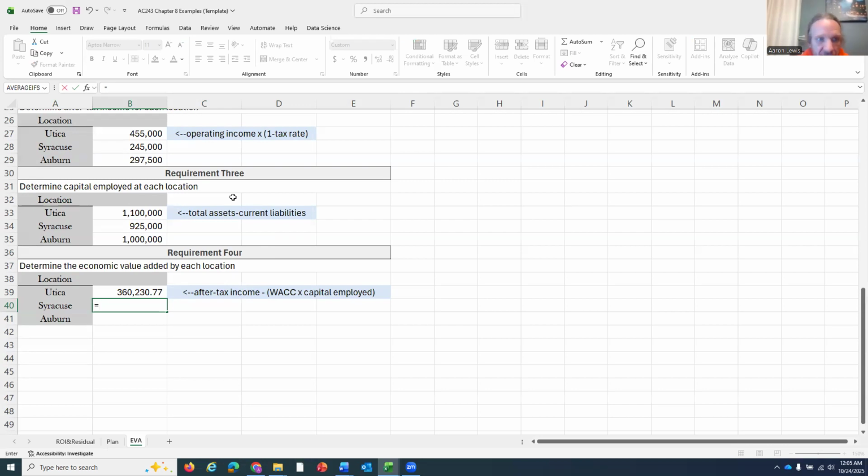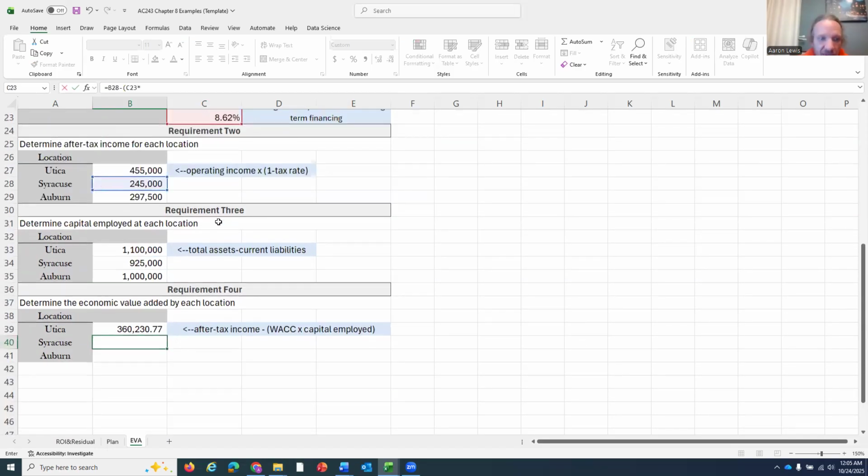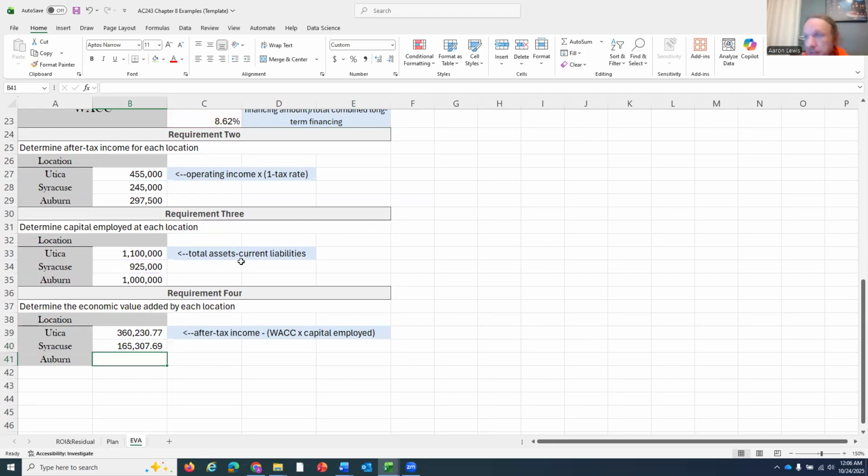For Syracuse, our after-tax income was 245,000 minus, in parentheses, our weighted average cost of capital, 8.62%, times the amount of capital employed in Syracuse, which is 925,000. And that comes out to be $165,307.69.